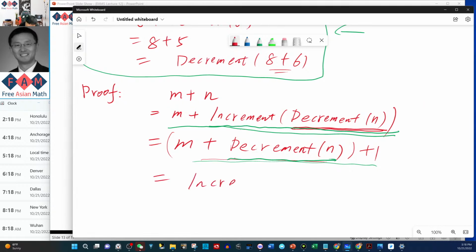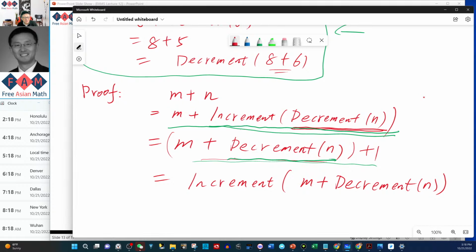increment of m plus decrement of n. Now think about this very carefully.